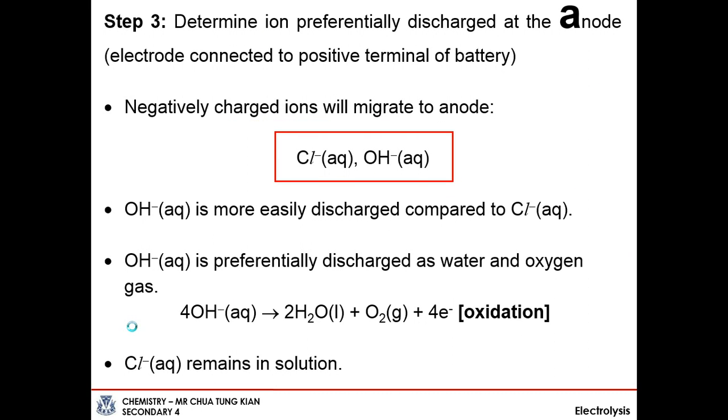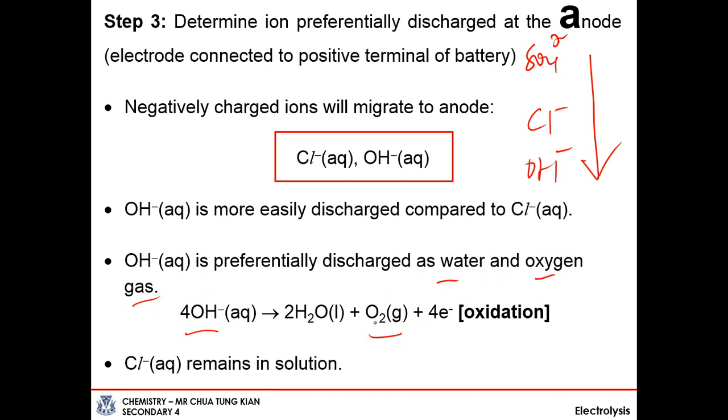The next one is the anode. Negative ions migrate to the anode. We now have Cl- and OH-. And again, if you recall, Cl-, OH-, this is sulfate. So ease of discharge increases down this series. So OH- is preferentially discharged over Cl-. And in this case, OH- is discharged as water and oxygen gas.